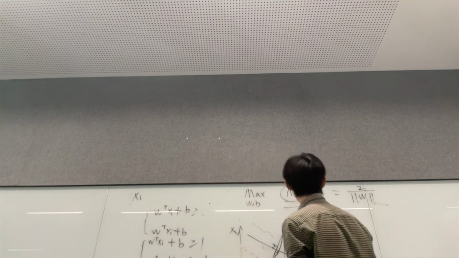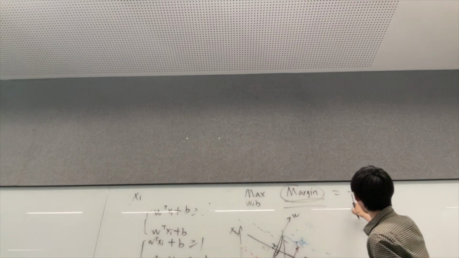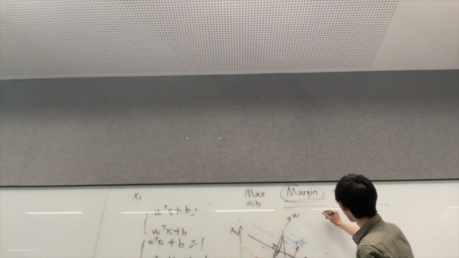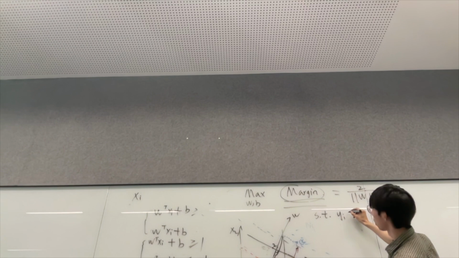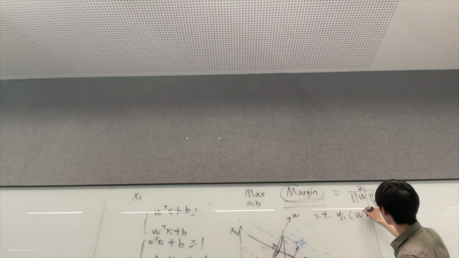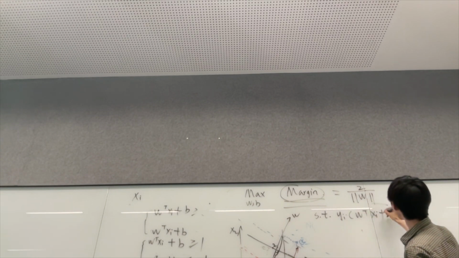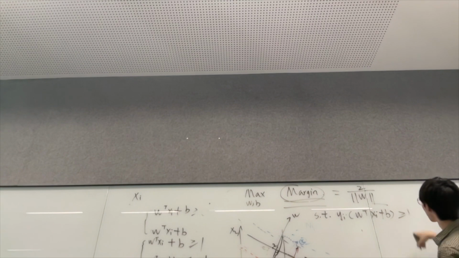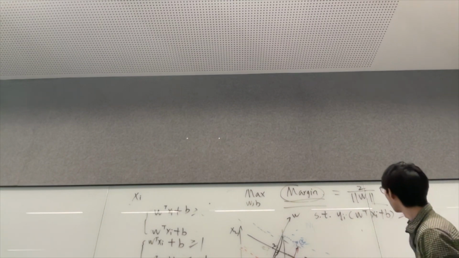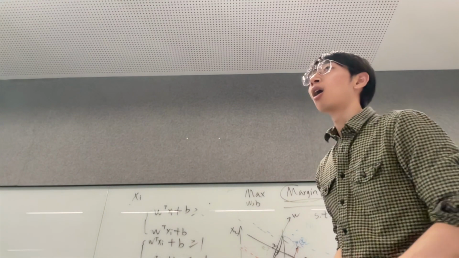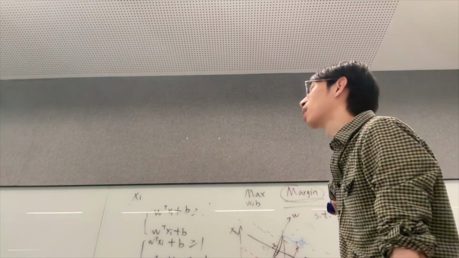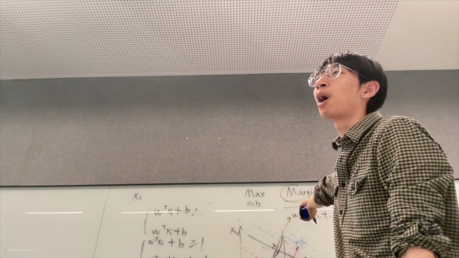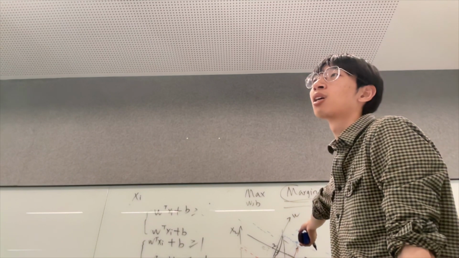So now we have this optimization problem with the constraint y_i times (w transpose x_i plus b) larger than or equal to 1. Is anyone good at linear programming or quadratic programming?